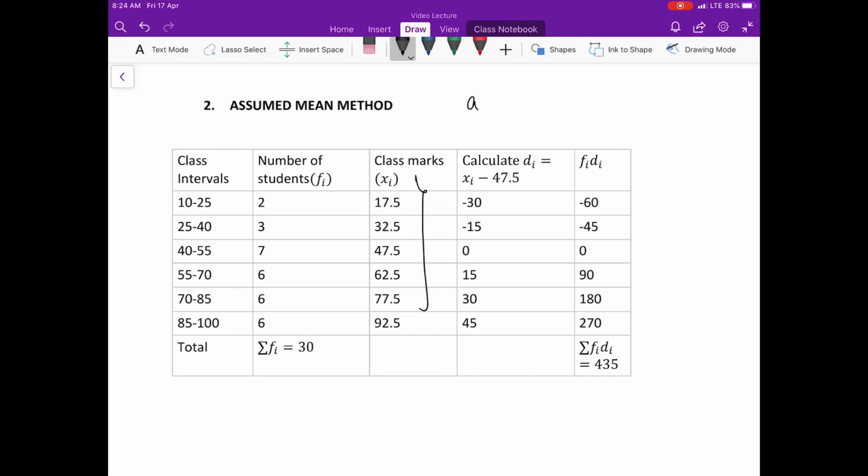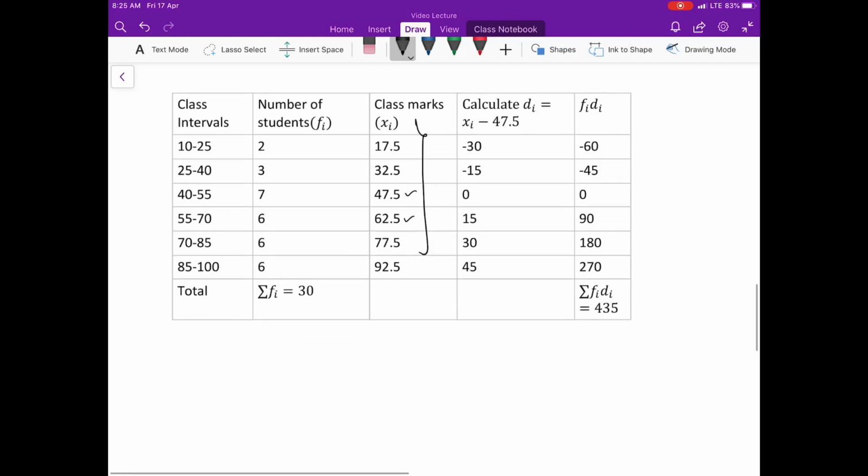You have to choose any of the middle values of xi, and it is preferable to choose a middle value of xi. Here two middle values are there, 47.5 and 62.5. You can consider either 47.5 or 62.5 as a. For this table I consider a as 47.5. You can also calculate the mean by assuming a as 62.5.